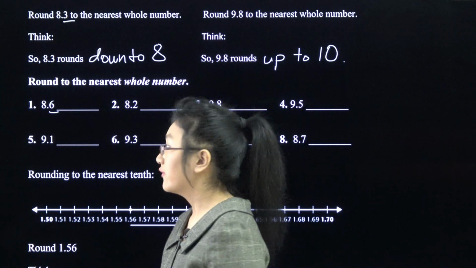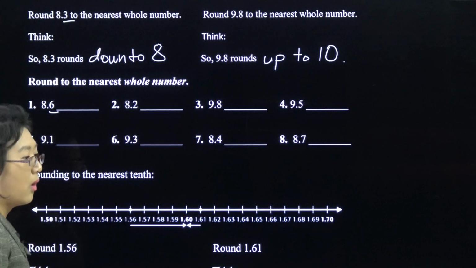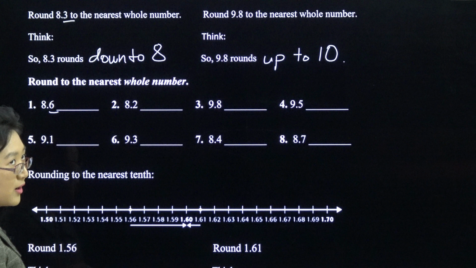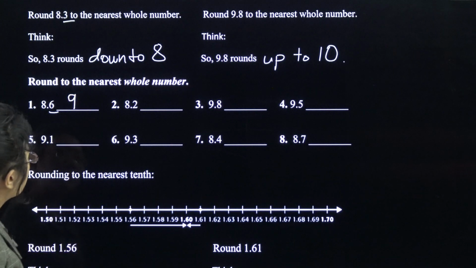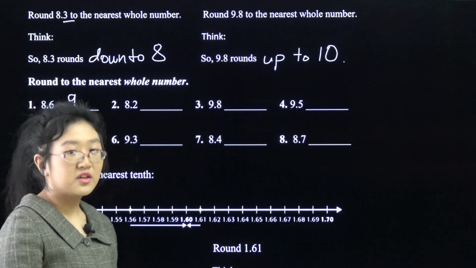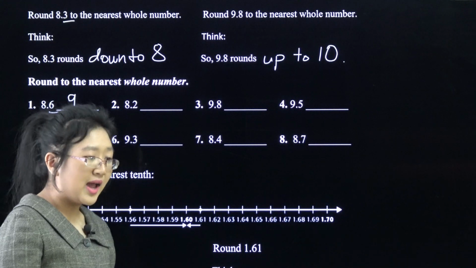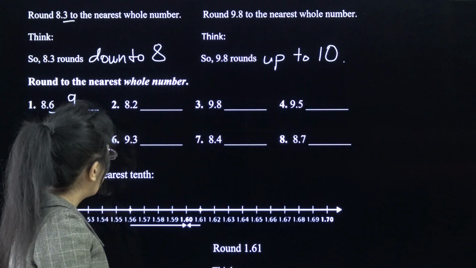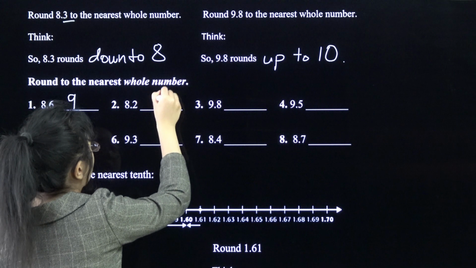It's greater than 5, so we have to round up. And what is the number above 8? 9. 8.2. Is 2 smaller than 5? Yes. So we have to round down. Now, if we're going to round down, we're just going to get, well, 8.